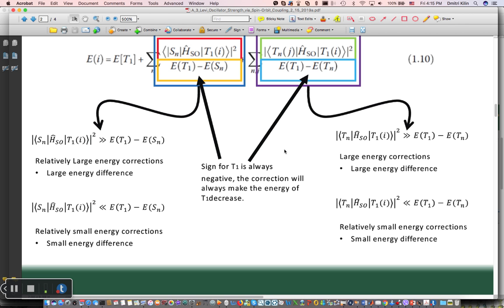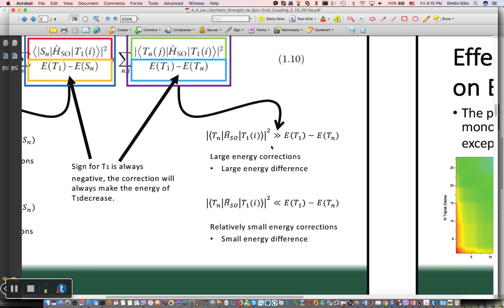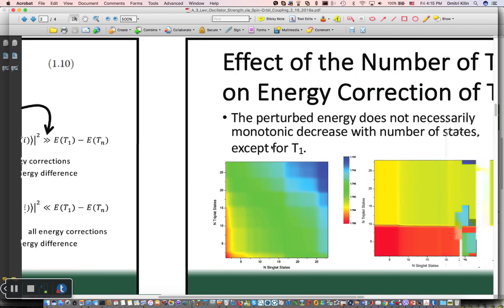But when we say triplet, it means you really have three states with different components of spin. Can you go to the next slide? So we start out with a hydrogen-like atom.